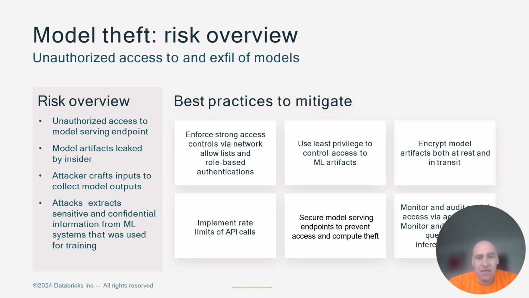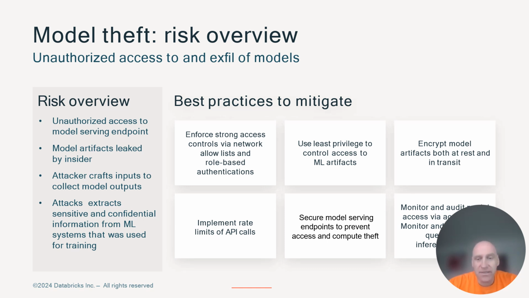Now some of the best practices for how we can mitigate that: we can enforce strong access controls via network allow lists and role-based access authentication. We can implement rate limits on API calls. We can use least privilege to control access to ML artifacts. And we can secure model serving endpoints to prevent access and compute theft.